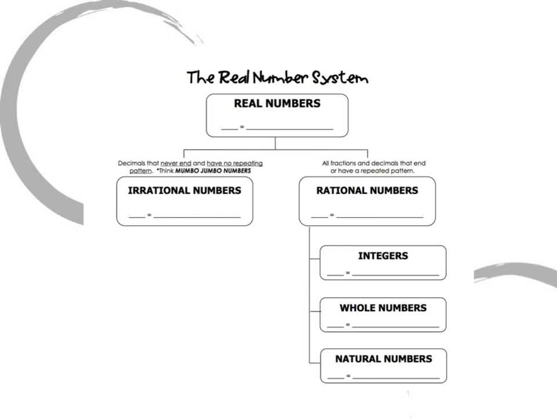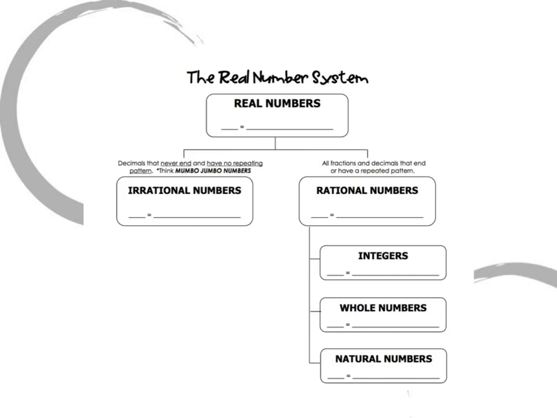So while we could round an irrational number to get an estimate, it is just that, always an estimate.